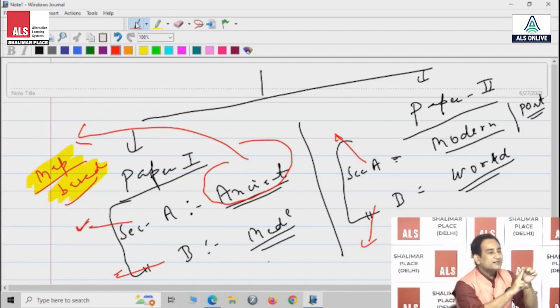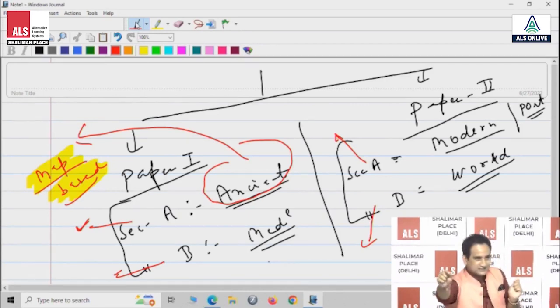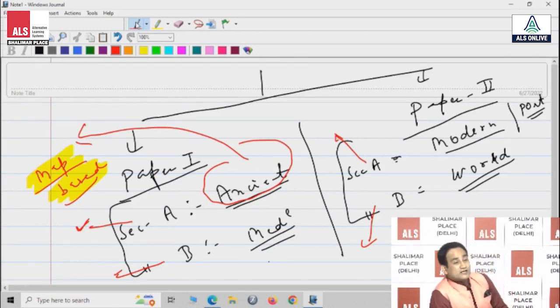Second is to write around 30 words. What will you write? This site is located in Gujarat. It is famous for this. So you have to write 30 words. In the map-based question, how many sites do you have to locate? You have to recognize 20.